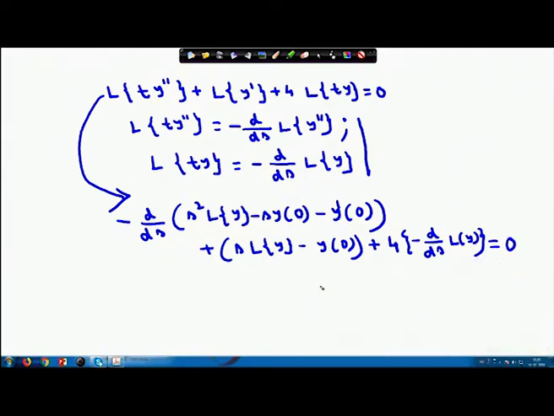So, once I am getting it from here, I can substitute the values of y 0 and y dash 0 everywhere.